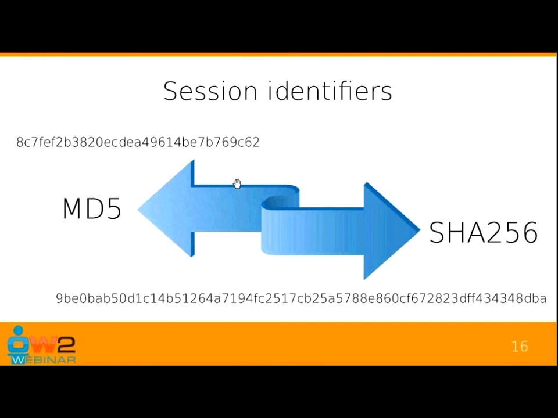By default, the session identifier was an MD5 generated identifier, and you can now use SHA-256 to generate your session identifier, which gives you a much more robust identifier. So you can use it.